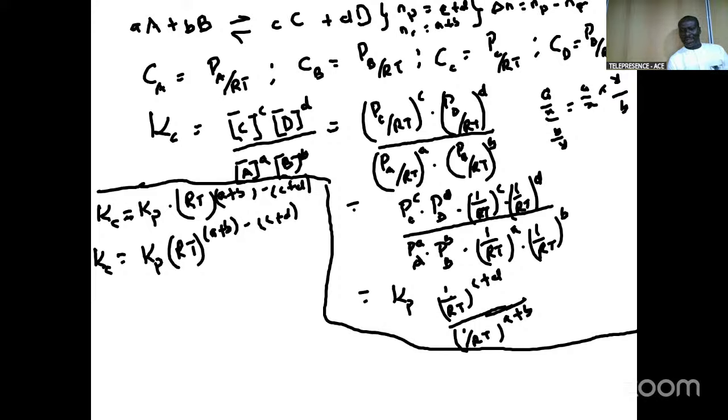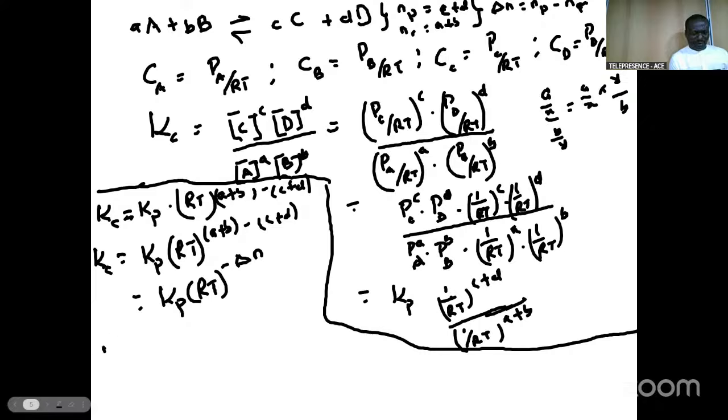Now, if you look at this, this is the number of moles of reactant, and this is the number of moles of product. But what we have here as delta n is the number of moles of product minus the number of moles of reactant. So therefore, this is simply equal to Kp (RT) raised to minus delta n. I'm sure that should be clear. Let me explain it again for those who may not have gotten it.